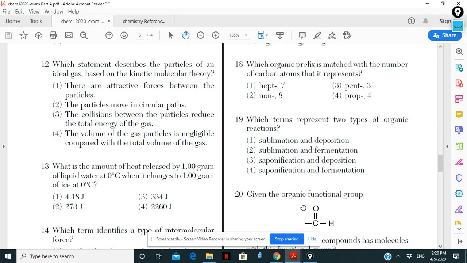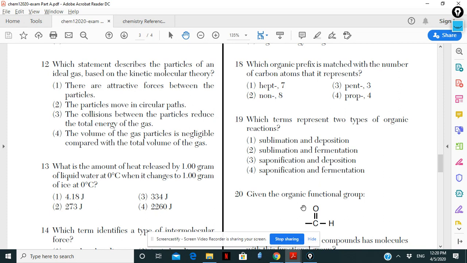Number 19. Which terms represent 2 types of organic reactions? Organic reactions, I listed many: fermentation, that's 1; esterification, that's 2; saponification, that's 3; halogenation, that's 4.